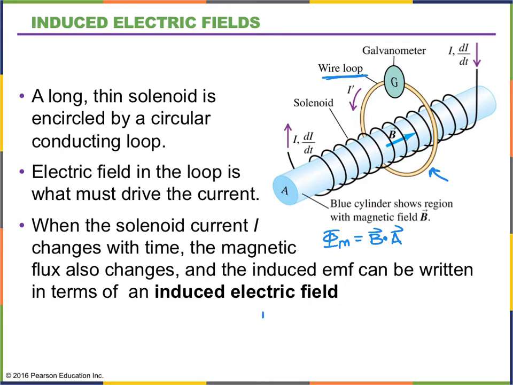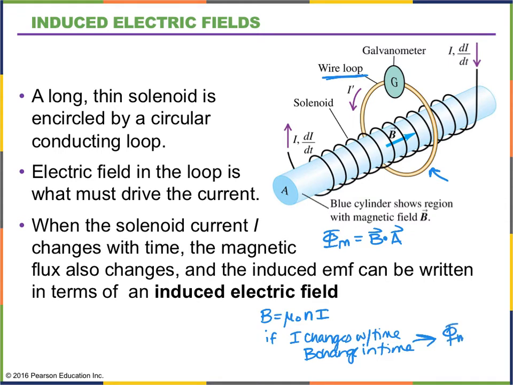The magnetic field in the solenoid can be given by this expression, B equals mu naught times N times I. But if I changes with time, B will change in time, and therefore the magnetic flux changes in time.